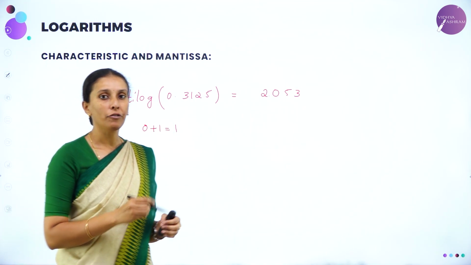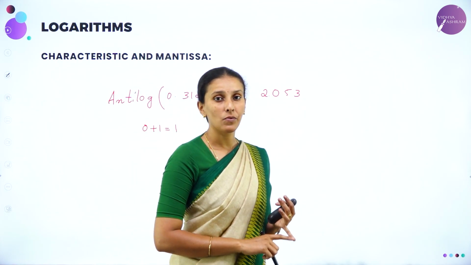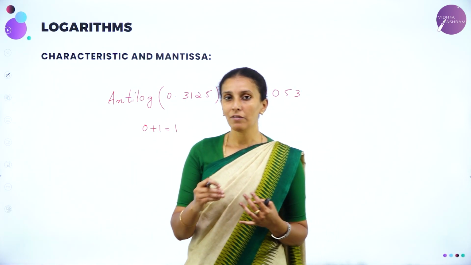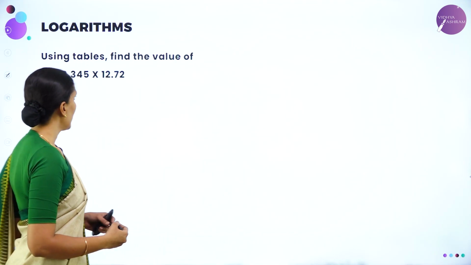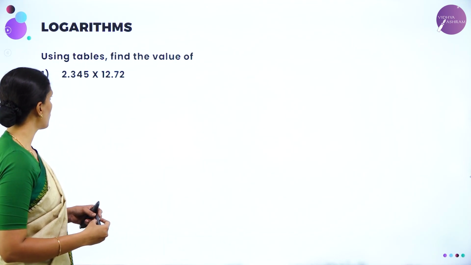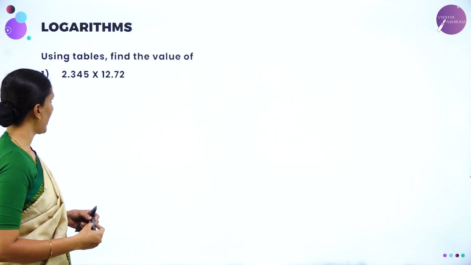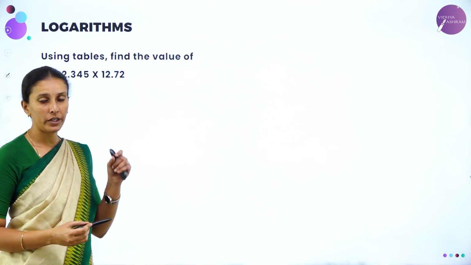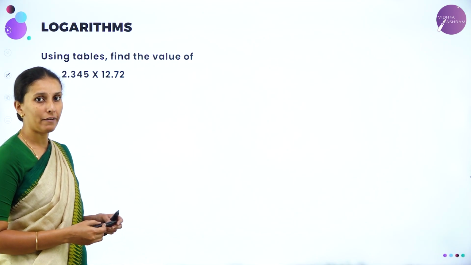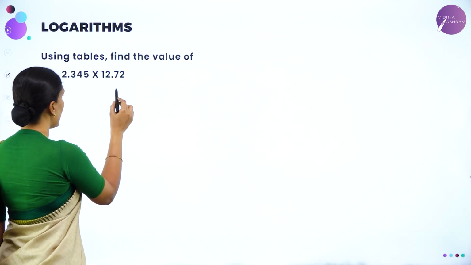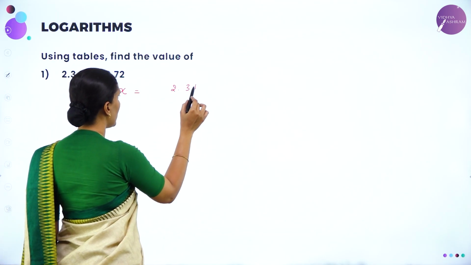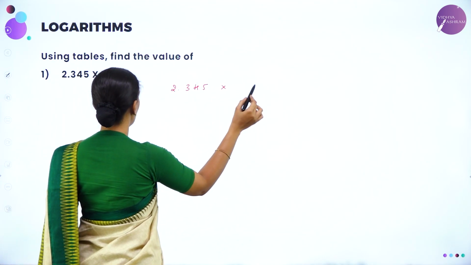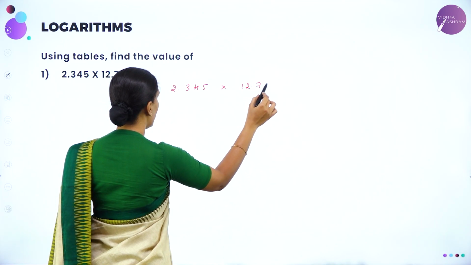Now with the help of the logarithmic as well as anti-log tables, we will evaluate certain problems. Using tables, evaluate the value of 2.345 into 12.72. We need to find the log value of the given number. Let x be equal to 2.345 into 12.72.